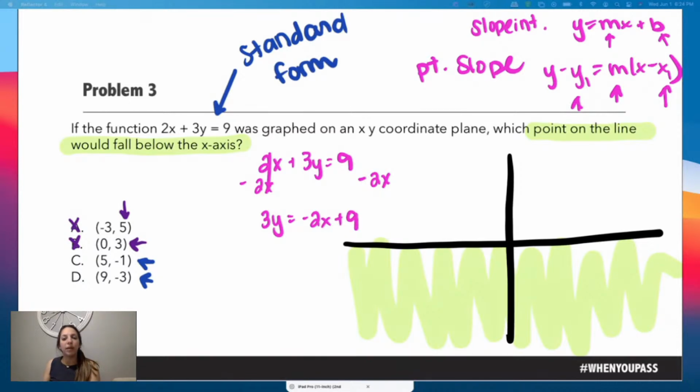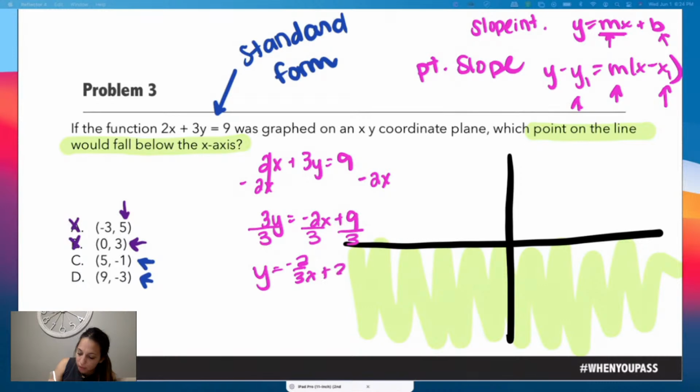Why did I put the 2x in the front? Because it's in the front in my slope-intercept form. Elementary people, I hope you're paying attention to how I'm manipulating this equation because you need to know this. I'm going to divide both sides by 3. So y equals -2/3 x plus 3.